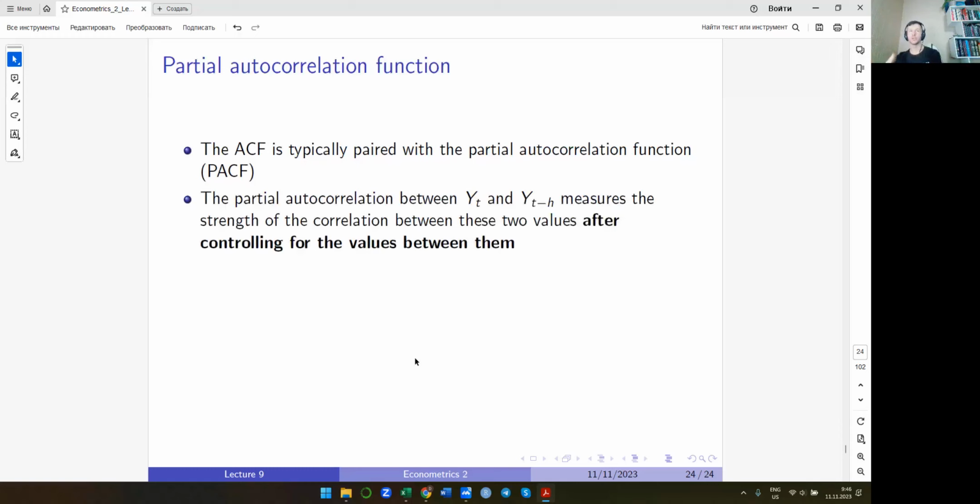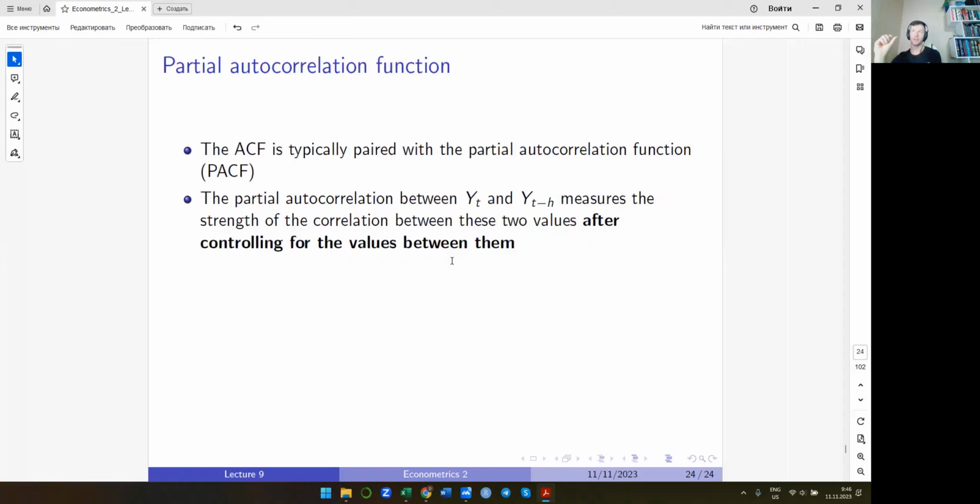The partial autocorrelation function between yt and yt minus h measures the strength of the correlation between these values after controlling for the values between them. So what does this mean? Well, logically, yt can depend on yt minus 1. Yt minus 1 depends on yt minus 2. Yt minus 2 depends on yt minus 3, and so on.